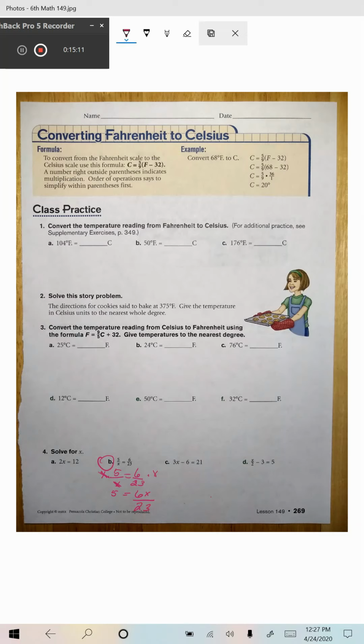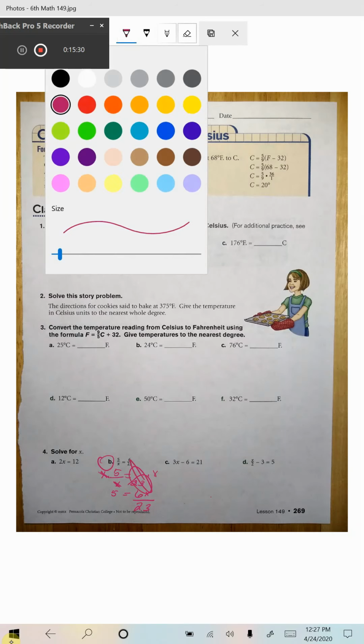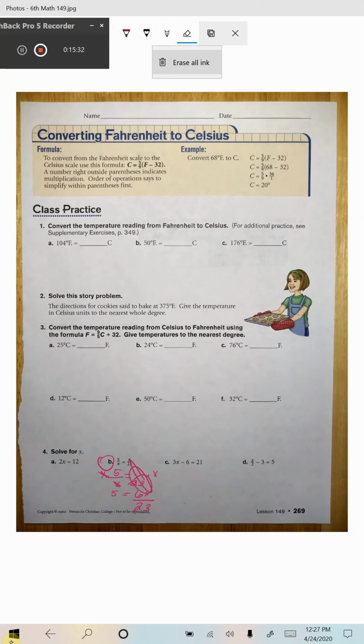Now at this point, I'm working towards getting x by itself. The problem with these is they're not giving you enough room, and it really bugs me. So use a piece of scrap paper, and I'm going to rewrite this up higher because I want you to see it. I had this problem before. I almost wish I could write down in the white, and I cannot.